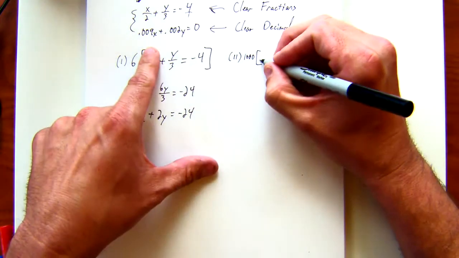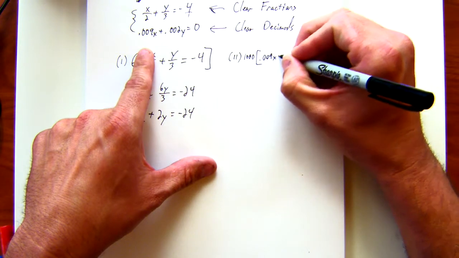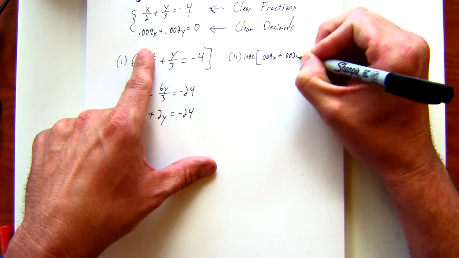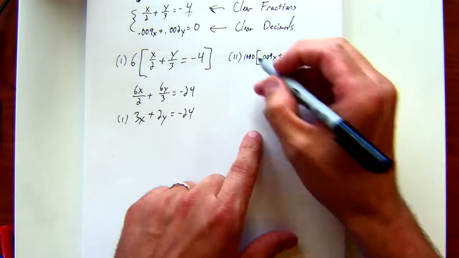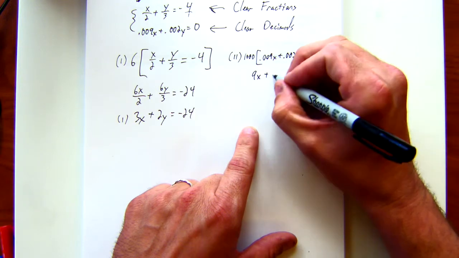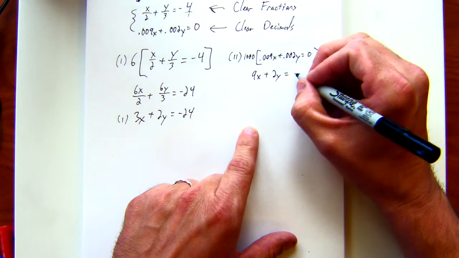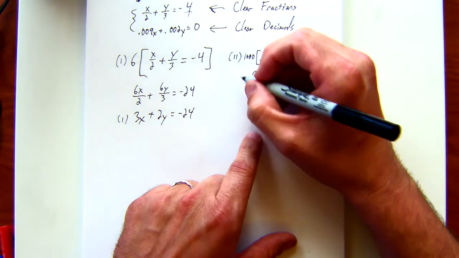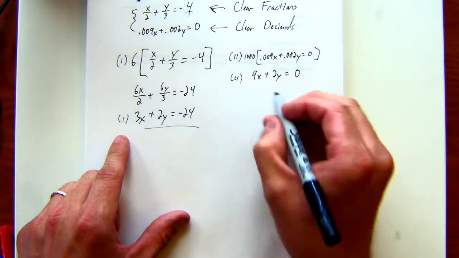So I've got to remember to do the same sort of thing that I did here. 1,000 times 0.009x plus 0.002y is equal to 0. Distribute the 1,000 everywhere, and I get 9x plus 2y is equal to 1,000 times 0 is 0. So there's our new equation. So now I'm working with this one and this one.